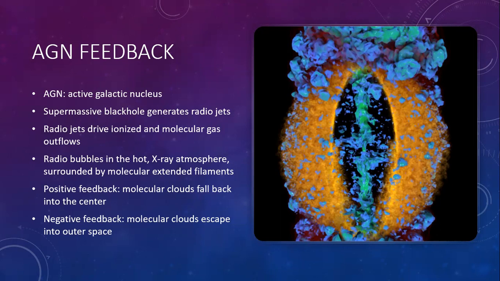One way that the dramatic supermassive black hole located at the center of its host galaxy outputs its energy is by radio jets that can drive ionized and molecular gas outflows. A simulation of AGN jet propagating through clouds, made by A.J. Limaye, is displayed on the screen.